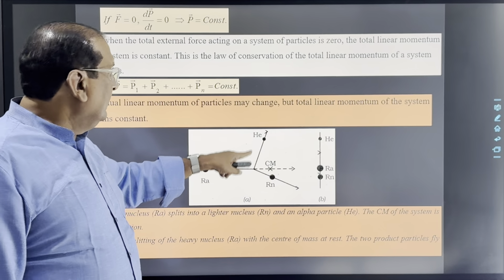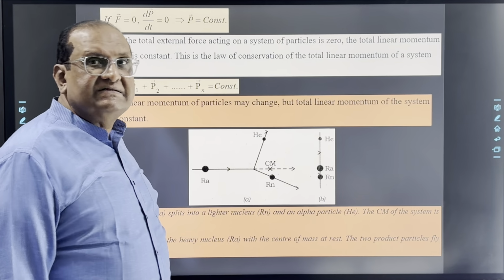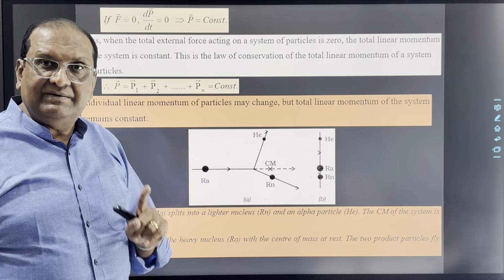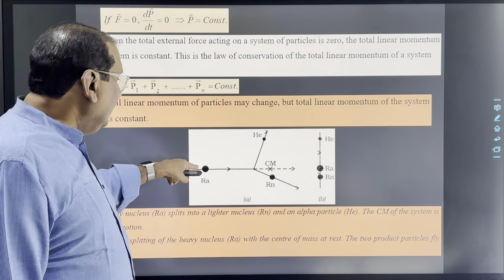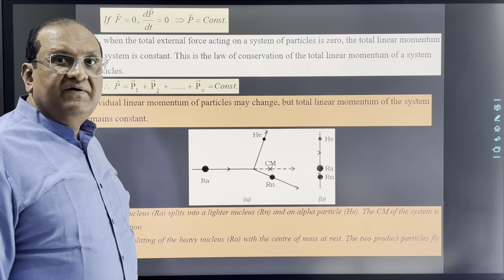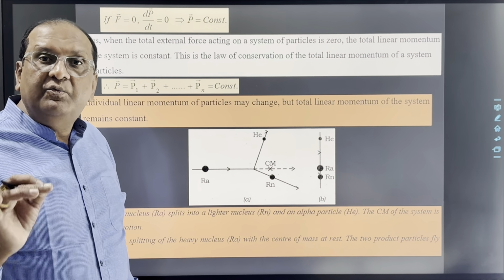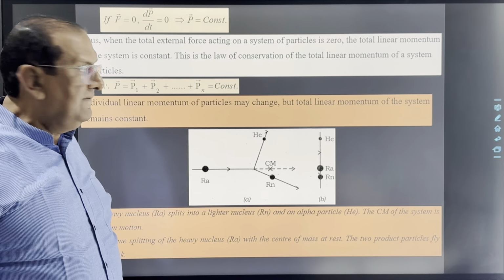Clear? But these changes will take place in such a way that the total linear momentum remains constant, and when it is in motion, the center of mass of the system will continue the motion with constant velocity.